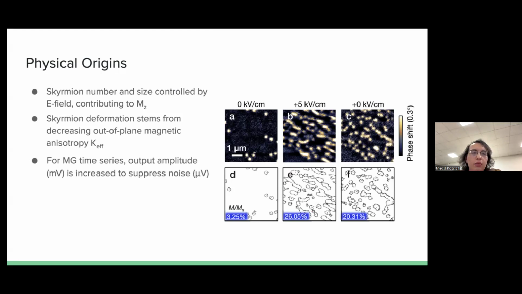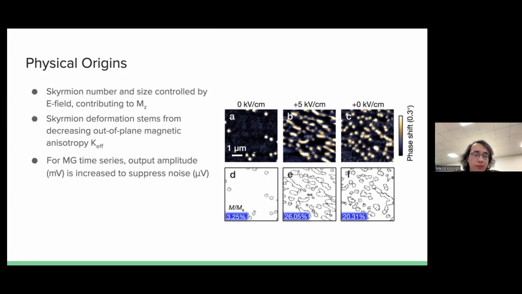In these MFM images, with no electric field the Skyrmions are quite sparse. But as the electric field increases to +5 kilovolts per centimeter, they grow and get quite big, but some elongated shapes are observed. After reducing the electric field back to 0, the quantity of the Skyrmions is almost unchanged, but some elongated Skyrmions restore to round shapes.